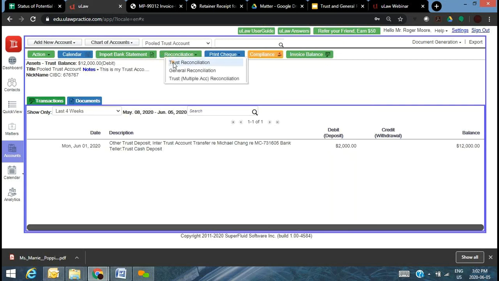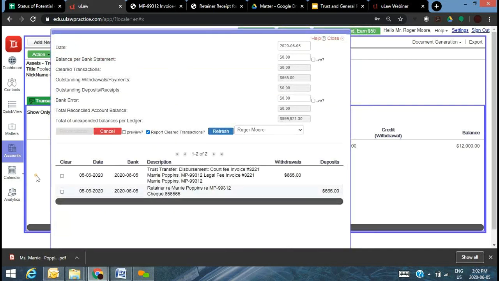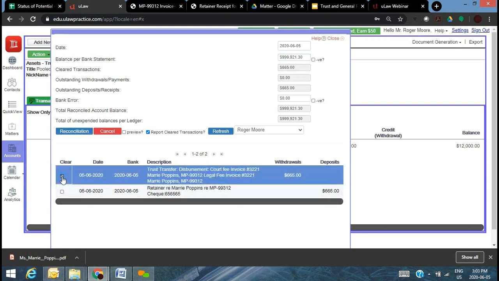Now if you're ready to do your trust reconciliation, I'm going to leave it with that. All you would do is you would choose the date that you're going to close. You put the amount in your bank balance. And now you look at the transactions.